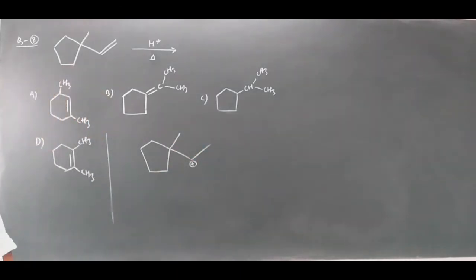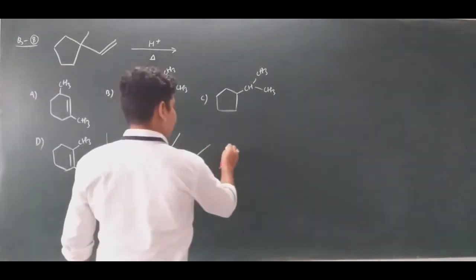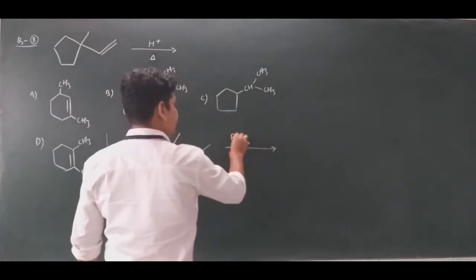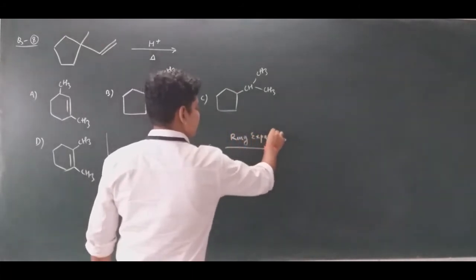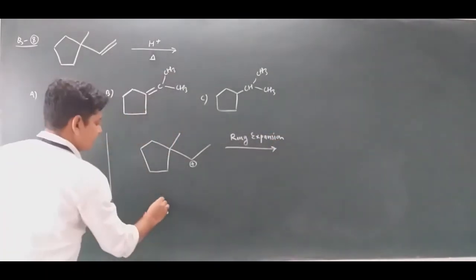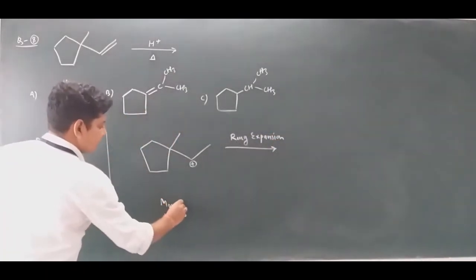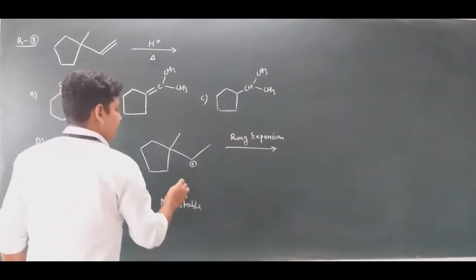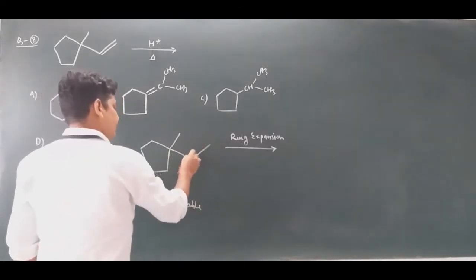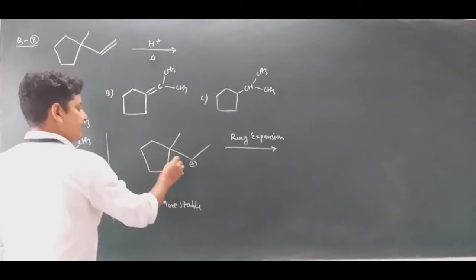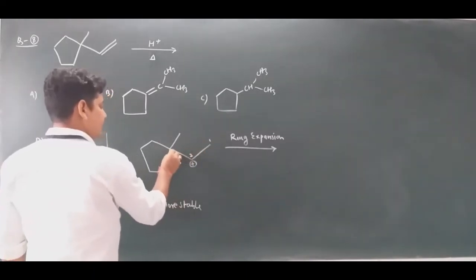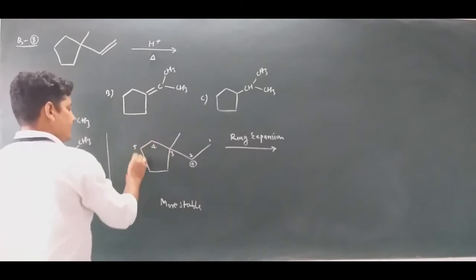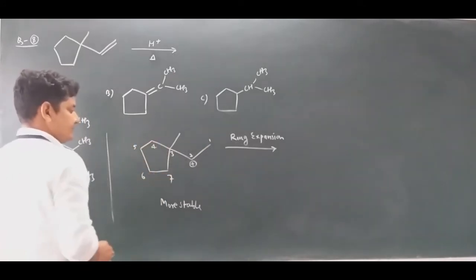Now see here, there is a kind of ring expansion here. This is a 2 degree carbocation, more stable. Now see what happens here. Let us number this as 1, 2, 3, 4, 5, 6 and 7.